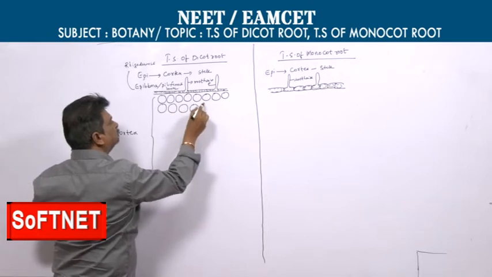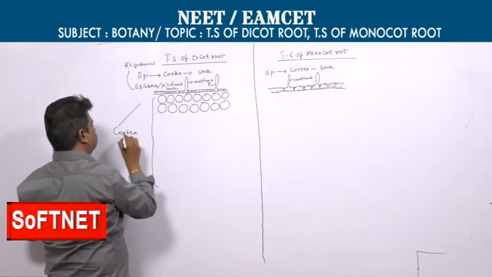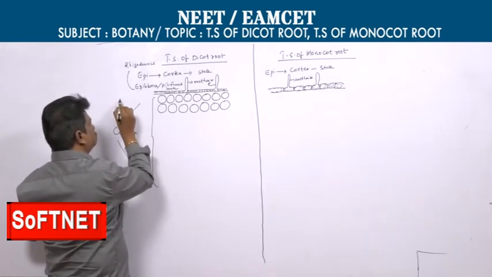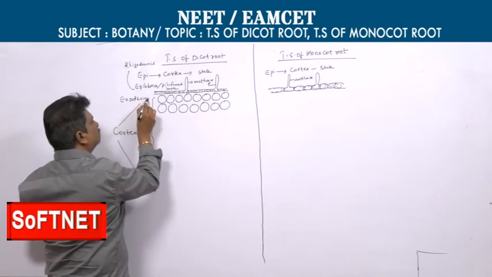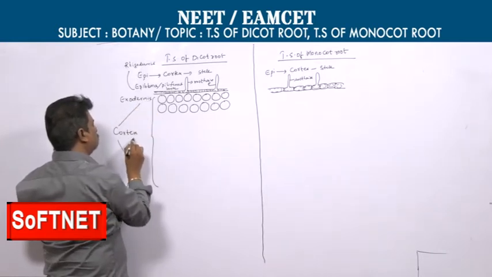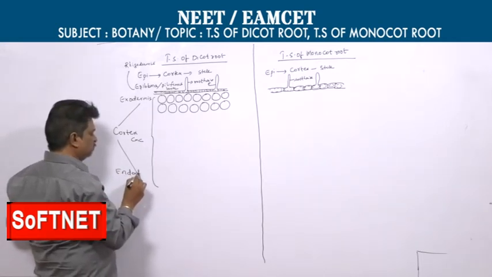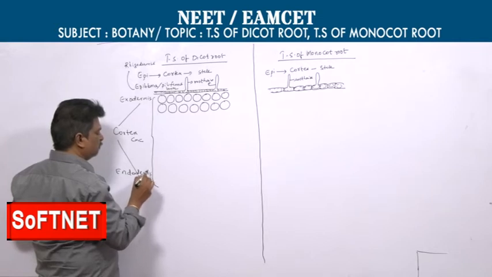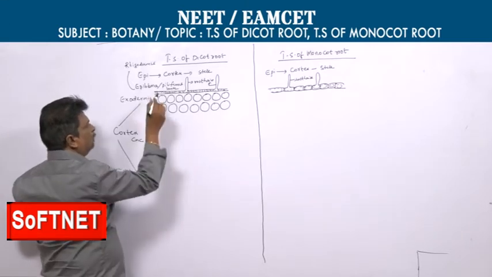And this cortex shows three parts: exodermis, then general cortex and endodermis.